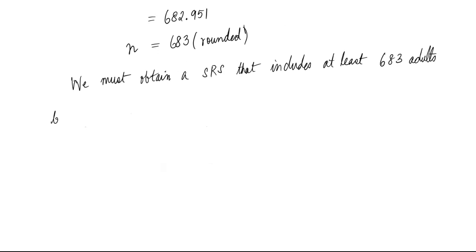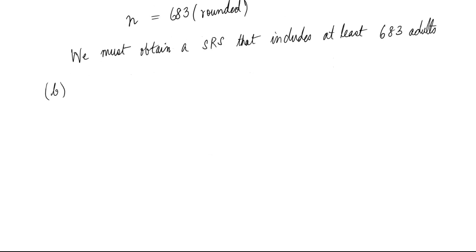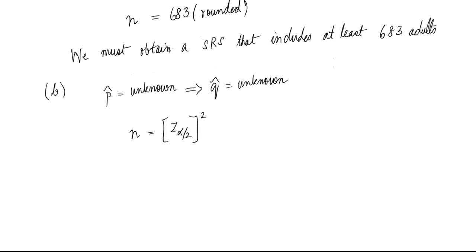If it's part B, then we use the same details, but we do not know the p. p hat is unknown because we are told that there was no prior information, which implies q hat is also unknown. So we adapt to the other formula, which says n is Z alpha over 2, the whole squared, times 0.25 divided by E squared.